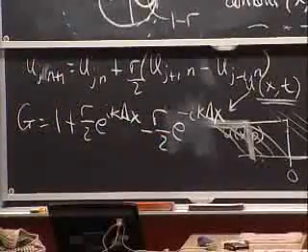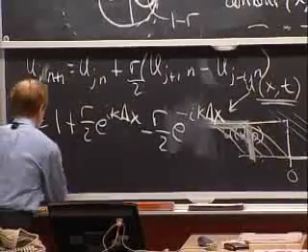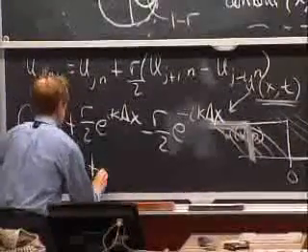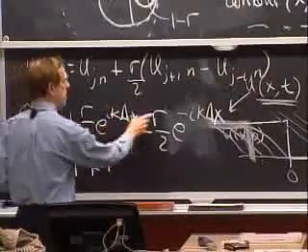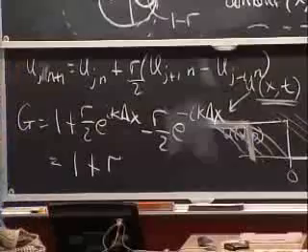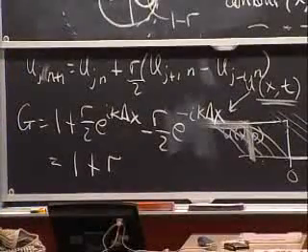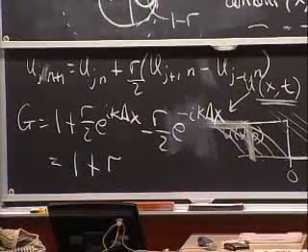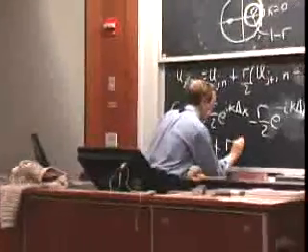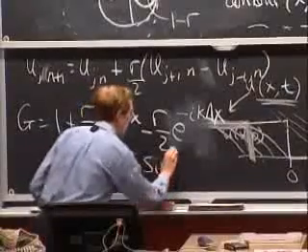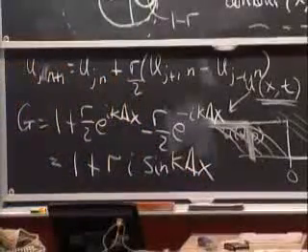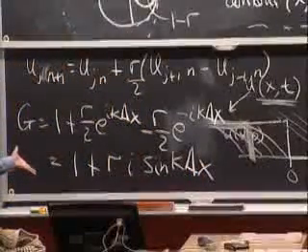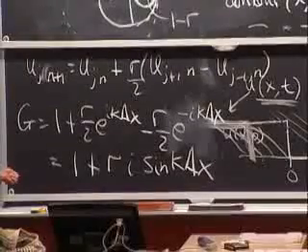What am I seeing there? I'm seeing 1 plus r, and everybody recognizes this minus this over 2 as i sine. I r sine k delta x. That's the amplification factor, and is it smaller than 1?